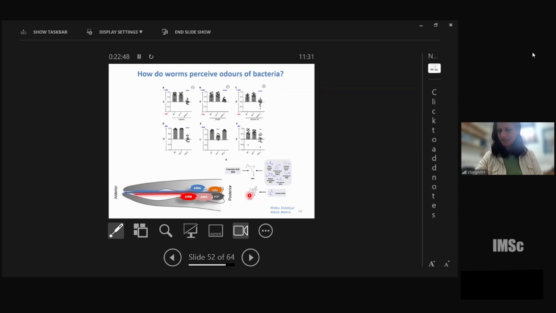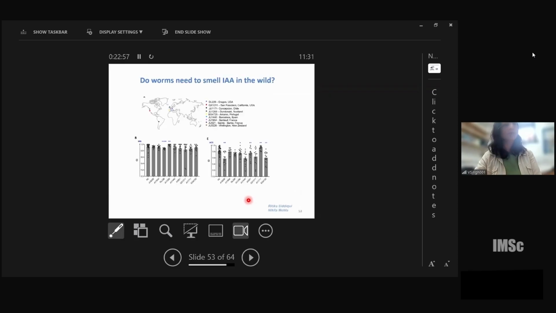This was interesting because so far most of the attention for odor research has gone to AWA neurons. So at this point, we also wanted to see which of these smells are important for worms.